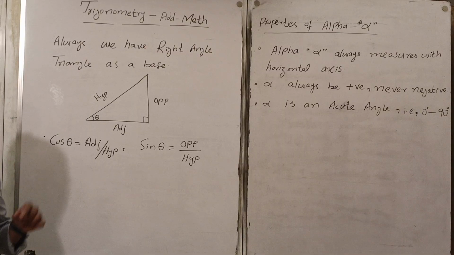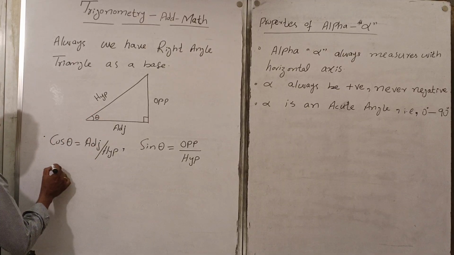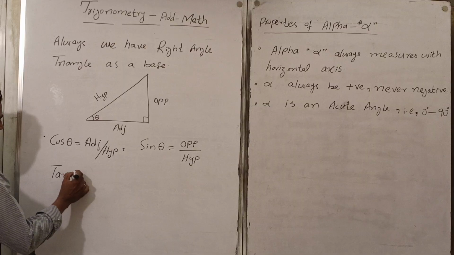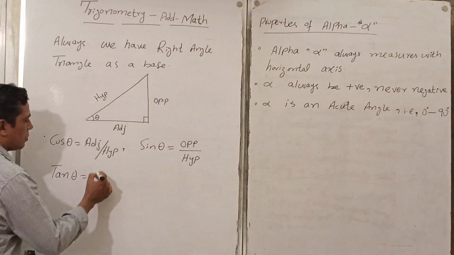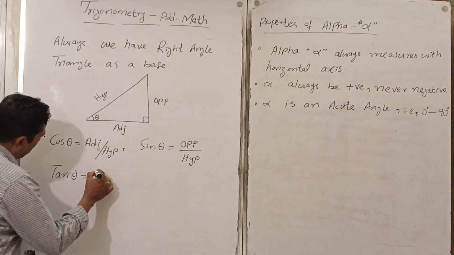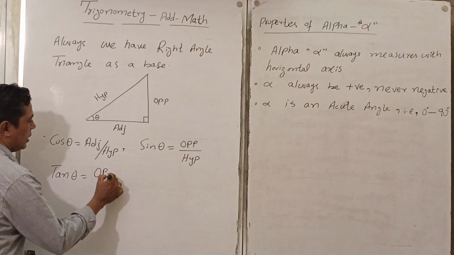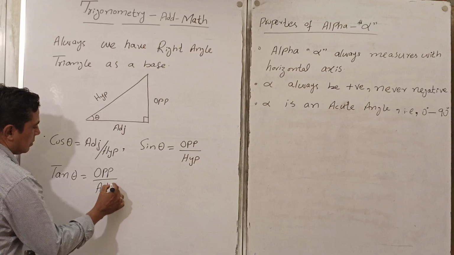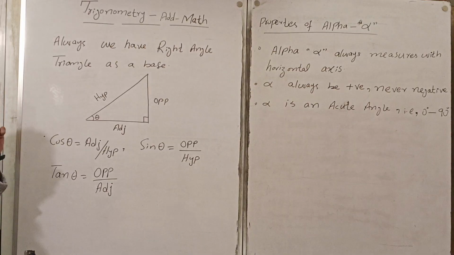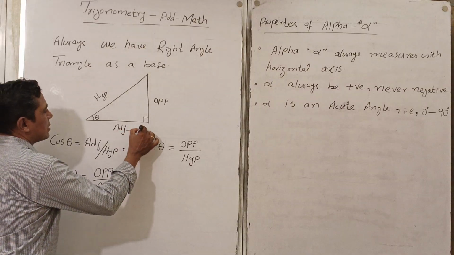Clear? What about tan theta? Yes. Tan theta is what? Opposite over adjacent. Opposite over adjacent. And it is also called base.